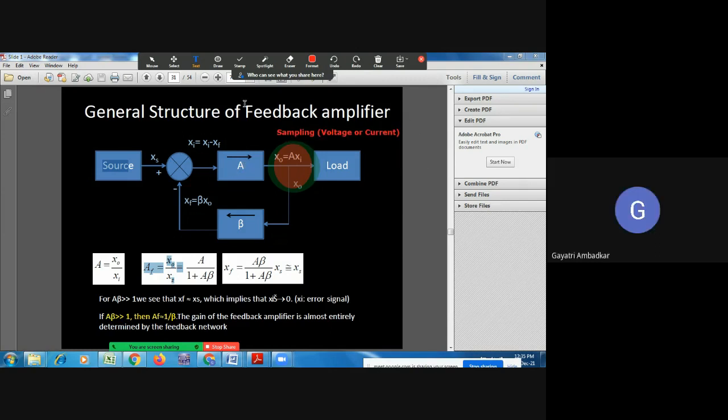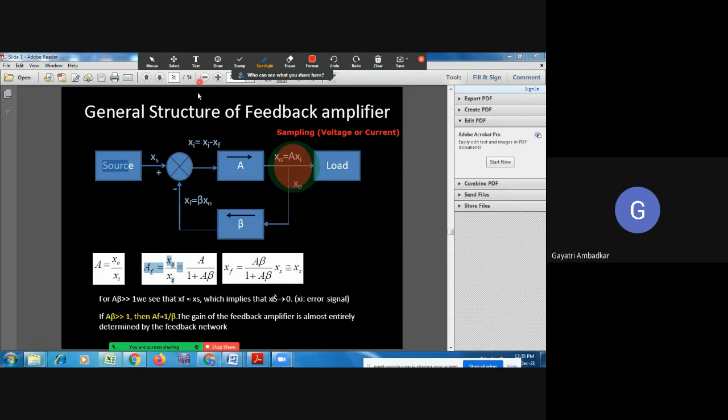This is your amplifier, this is the output side. Sampling is taking place at the output of amplifier. So you can either sample voltage or current from the output, and then beta network will take either voltage or current. So sampling is of two types, voltage sampling and current sampling.